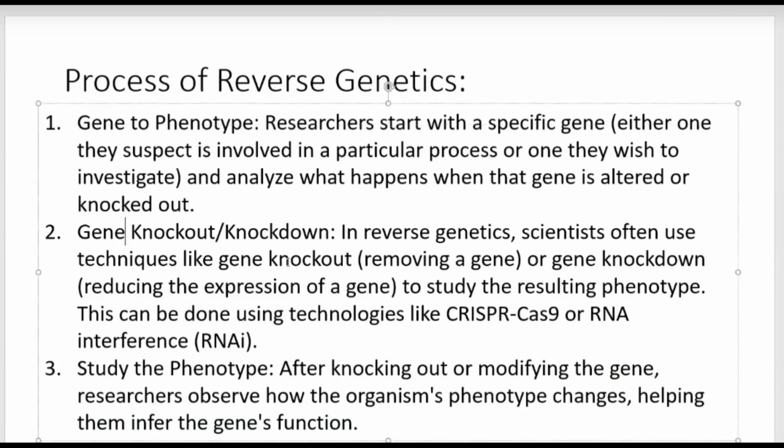Gene knockout or knockdown. In reverse genetics, scientists often use techniques like gene knockout, which means removing a gene, or gene knockdown, reducing the expression of a gene, to study the resulting phenotype. This can be done using technologies like CRISPR-Cas9 or RNA interference.